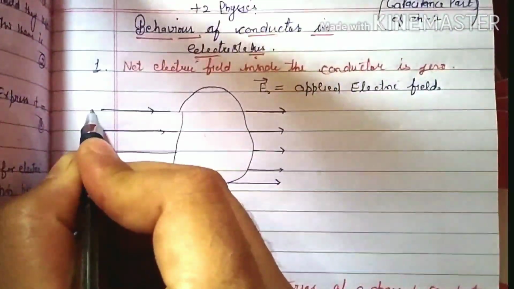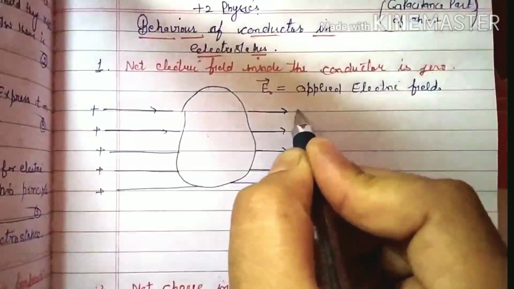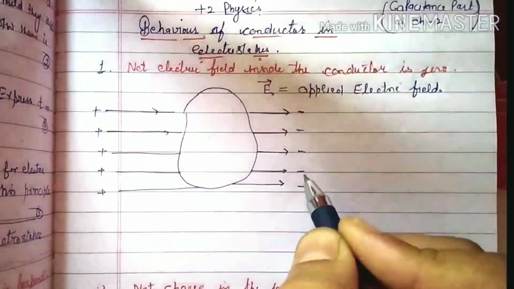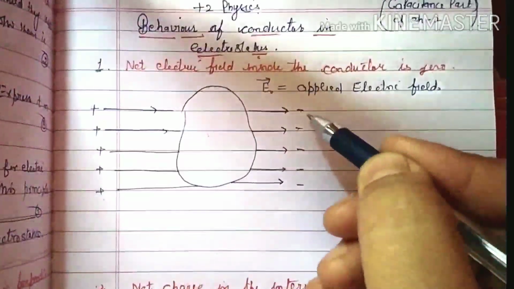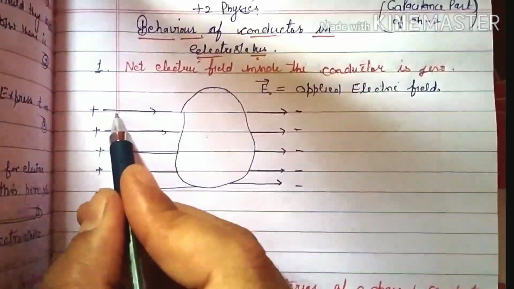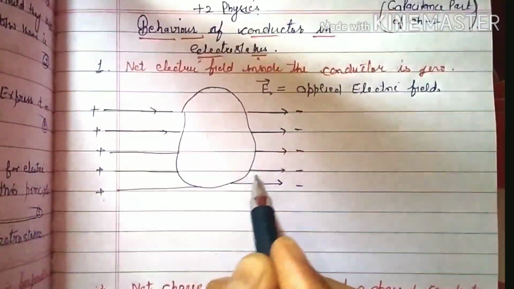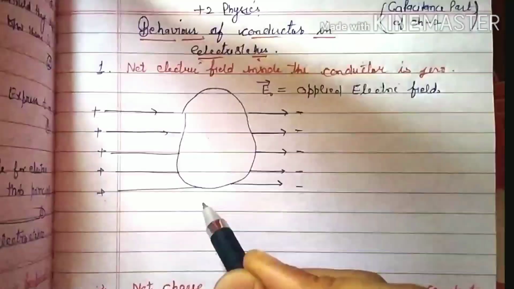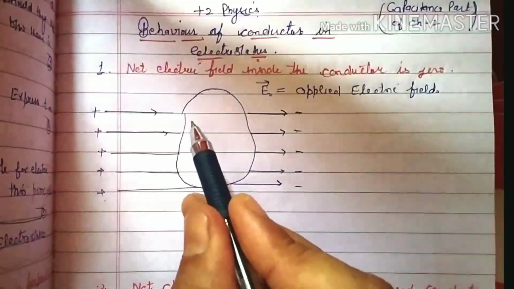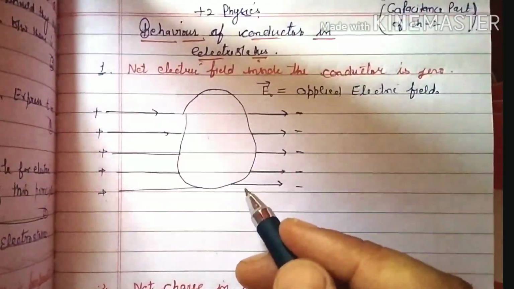You know that electric field lines start from the positive charge and end at the negative charge. So here we have a source of positive charge, and here a source of negative charge, and between them we have the applied electric field. These are the electric field lines, and here we have placed one conductor. The conductor has free electrons, and the free electrons will experience an electrostatic force.